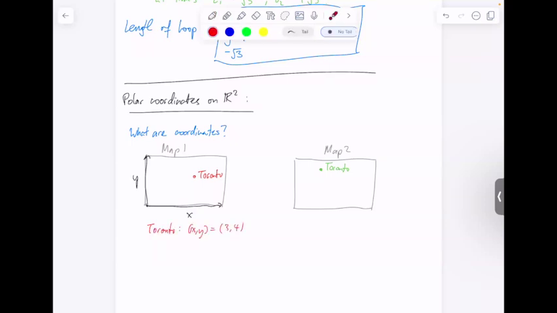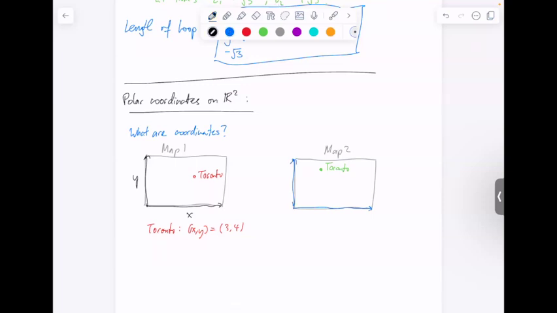In map 2, the physical dimensions of my sheet of paper haven't changed the way I drew this out. But the projection of my map has changed, right? The location of Toronto on my sheet of paper has actually changed, even though they both represent the same thing. I have the exact same ruler here, with the same dimensions in centimeters.